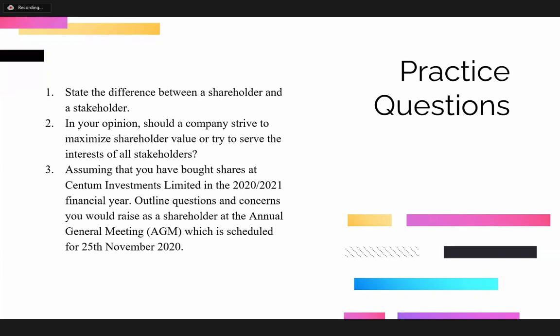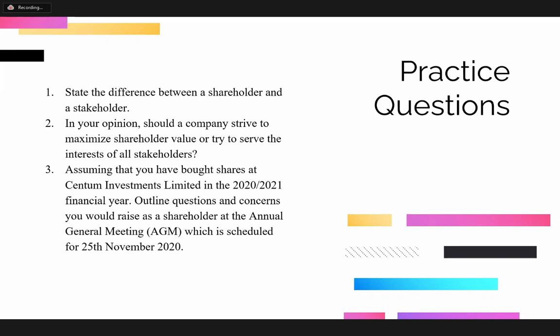While stakeholders have an interest in the performance of the company for reasons that are not to do with stock performance or appreciation or the money going up. For instance, let's say in a school, perhaps the parents are not necessarily shareholders, but they're stakeholders since their children are going to that school and they want their children to succeed.